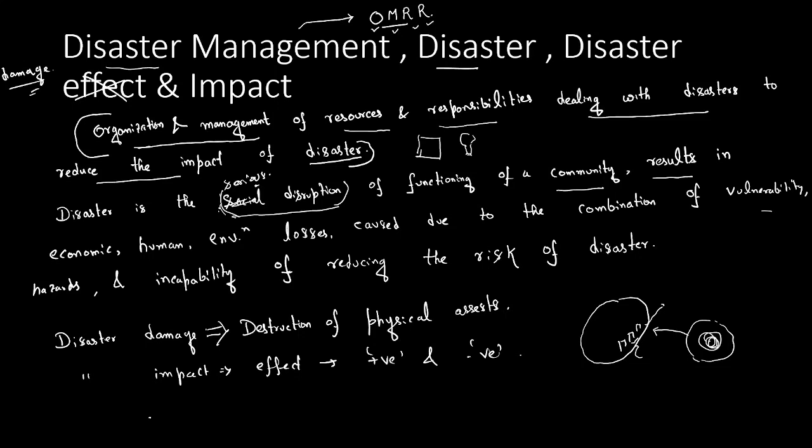Don't write social because it's not only about social disruption. It's also affecting the economy, it's affecting the environment, it's affecting physically, socially, everything. So social is not the correct word. You should write serious, or don't write serious, you just write disruption. It doesn't matter.